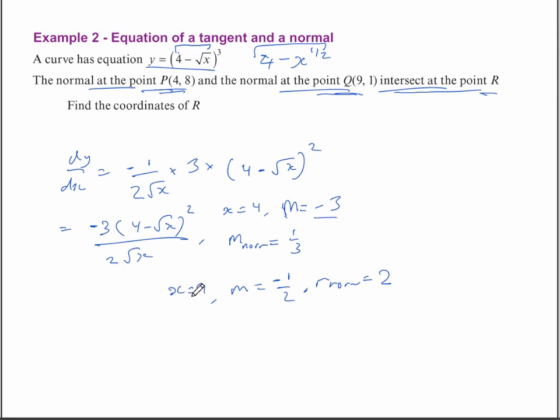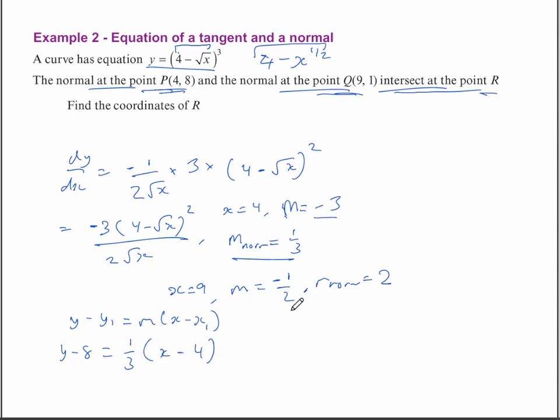With that, we get two equations. This time I'm going to use the other format: y - y1 = m(x - x1). We want to find the equation of the normal line. Therefore, we're going to use the coordinates and the gradient of the normal line. At P, our y1 and x1 are 8 and 4 respectively. So y - 8 is equal to the gradient at P, which is 1/3, times (x - 4).